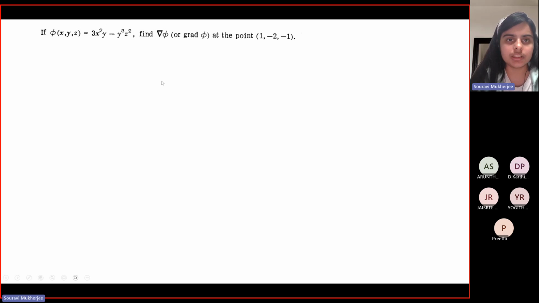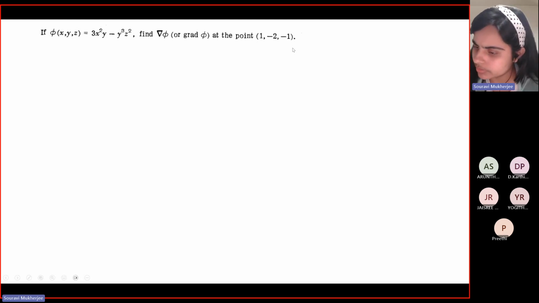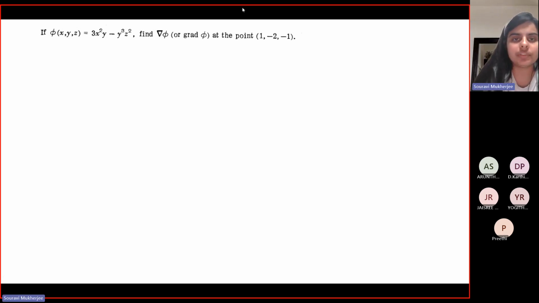Here, if you have some scalar quantity, this is just a question, and through a question we'll try to understand. When we do grad phi, this is some scalar quantity, and if you are asked to find the gradient of the scalar quantity at a particular point, how do you do it?